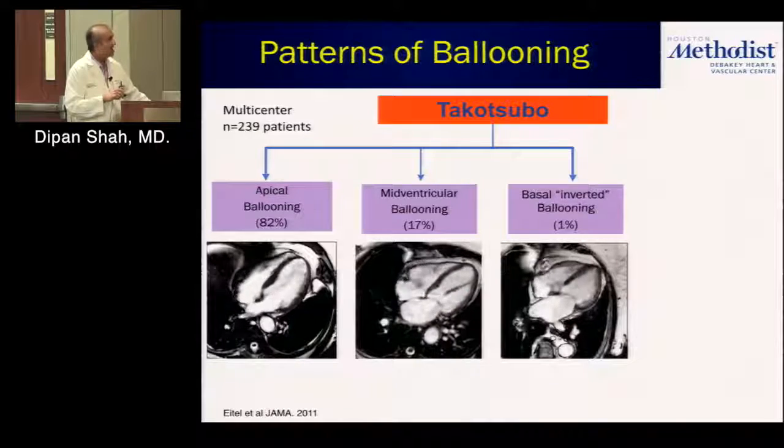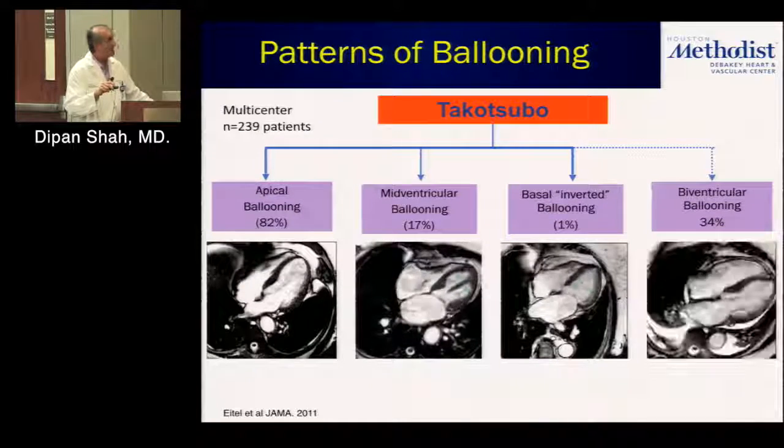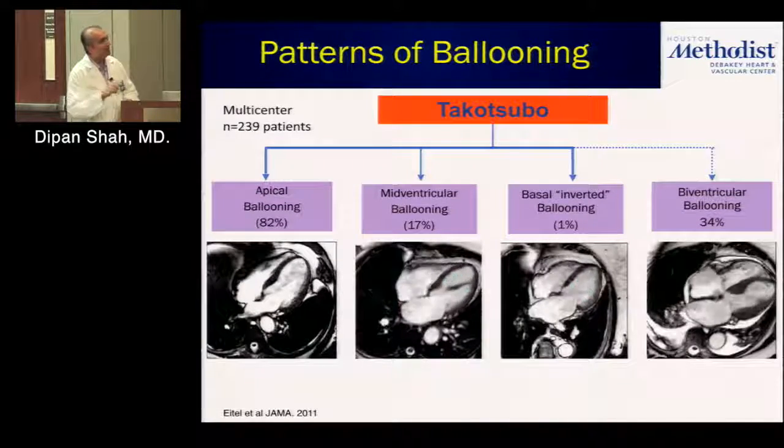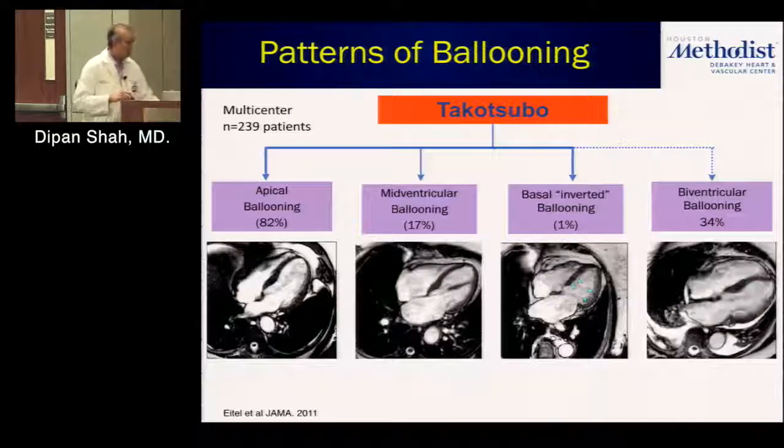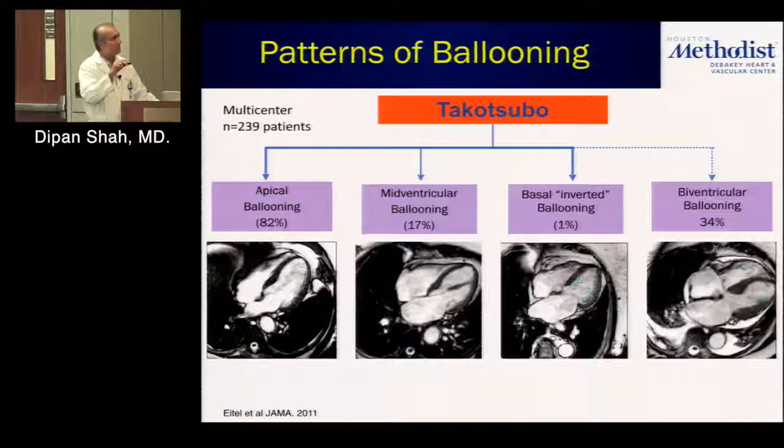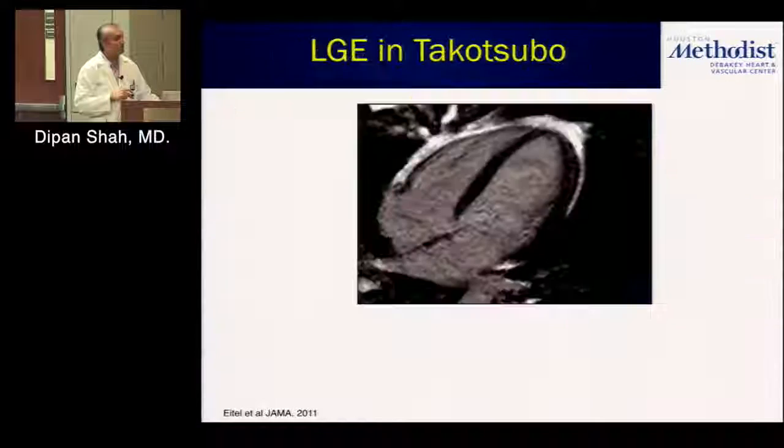And then, interestingly, about a third of the patients had biventricular ballooning, which affected the RV as well as the LV. So again, we typically think of it as the classical apical, but in fact, there can be a variety of different manifestations of this.